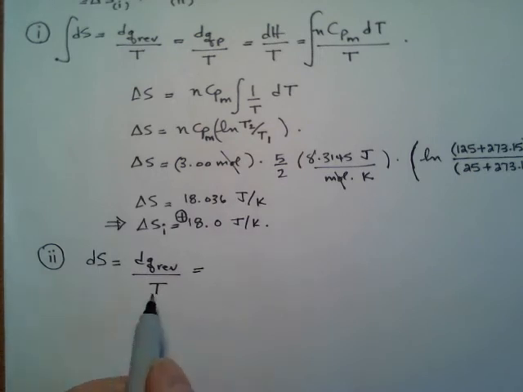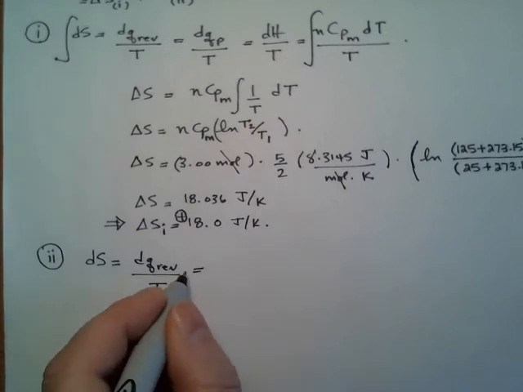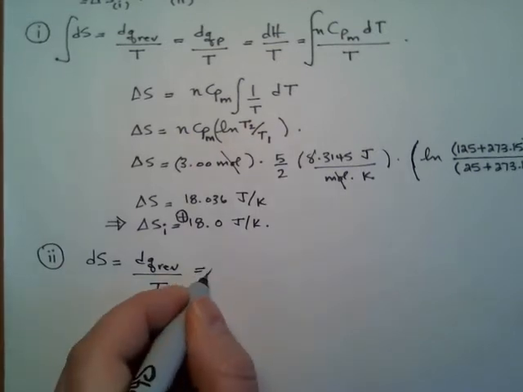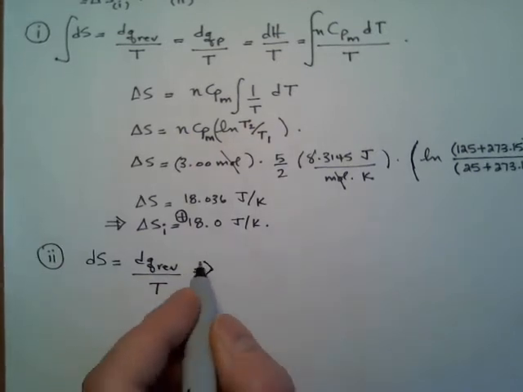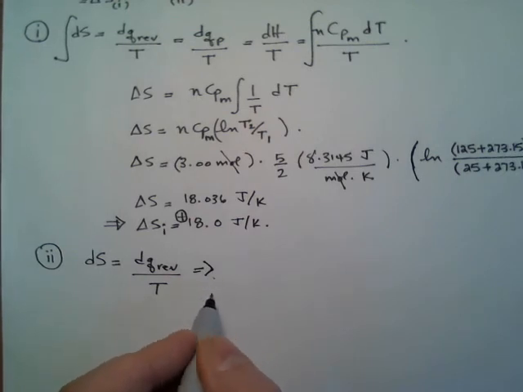Okay, isothermal, great, temperature is constant, so I'll be pulling that out. And it is reversible. I don't have a formula for the reversible Q, but I have a formula for the reversible work.